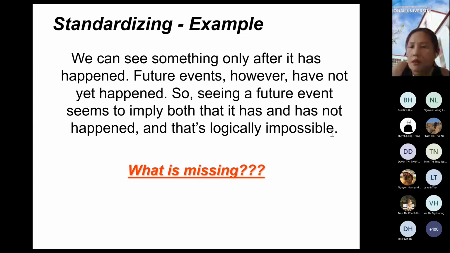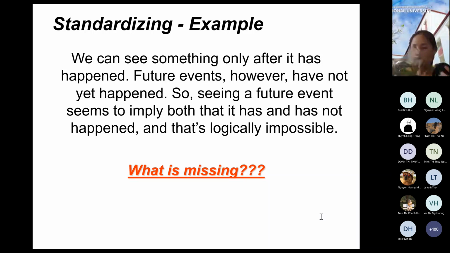Công Trọng said that it is logically impossible to have a future event. It is logically, yeah. How about Bích Huệ? What is your missing conclusion? What should it be? I think Bích Huệ is typing, right?